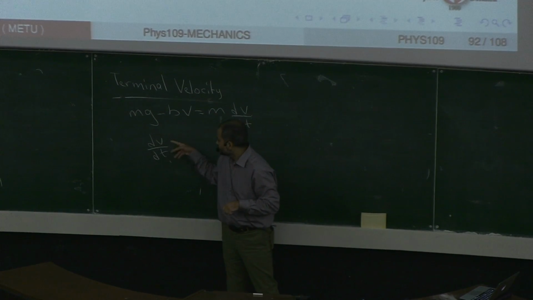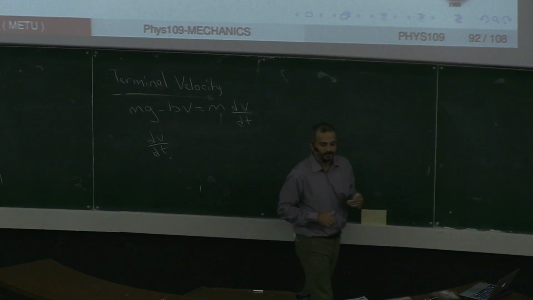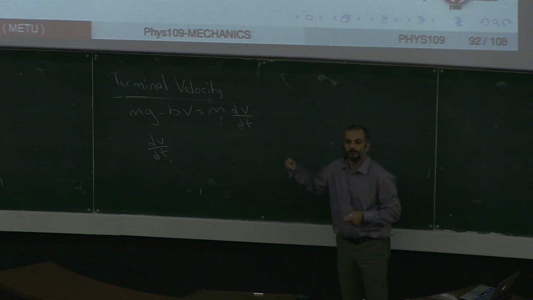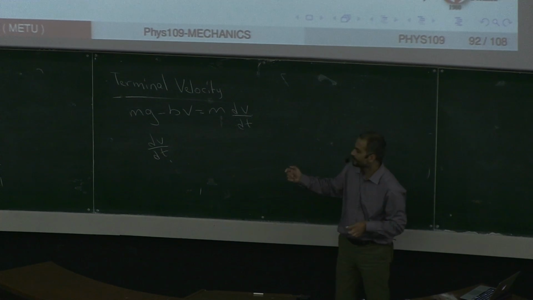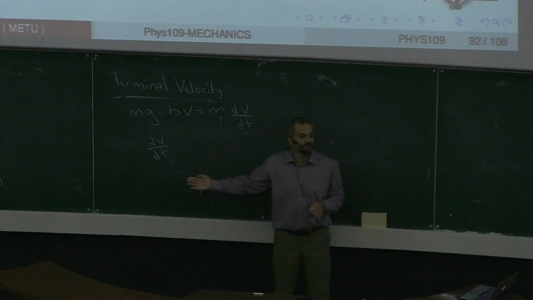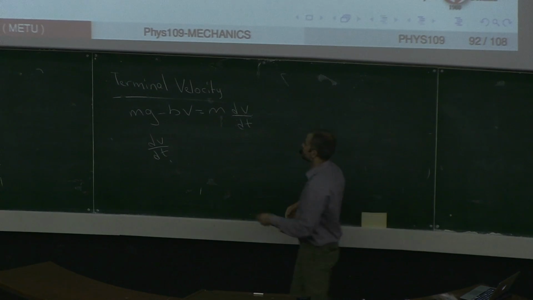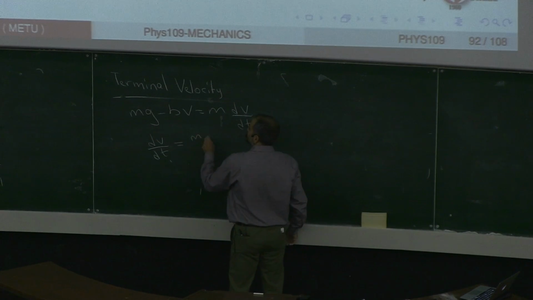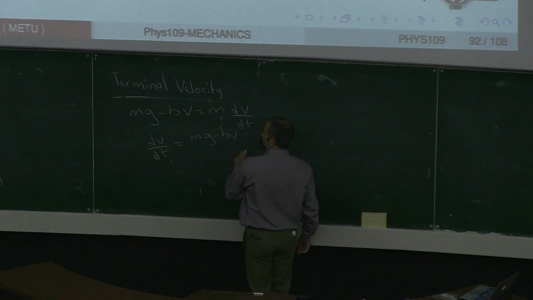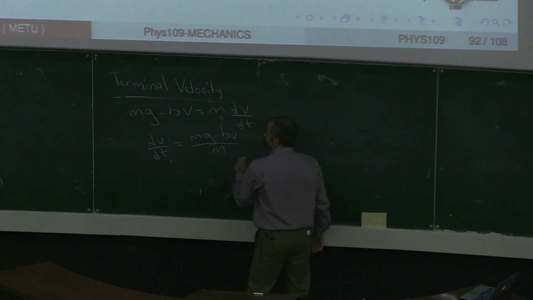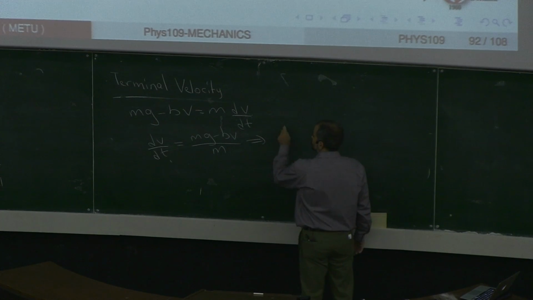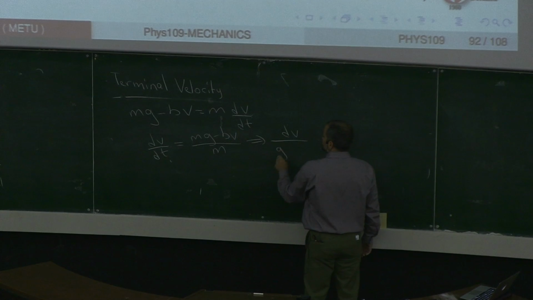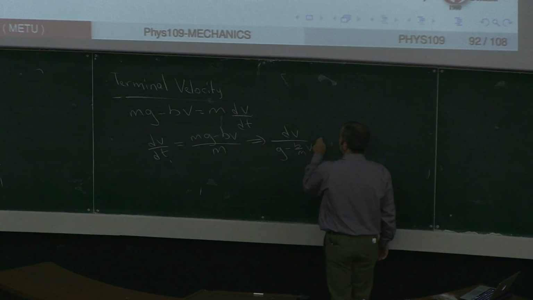So what I write here is actually the ratio of two very small numbers. So I can treat them as if they are algebraic quantities. So if this is equal to mg minus bv divided by m, then I know that dv over g minus b over m v is equal to dt.